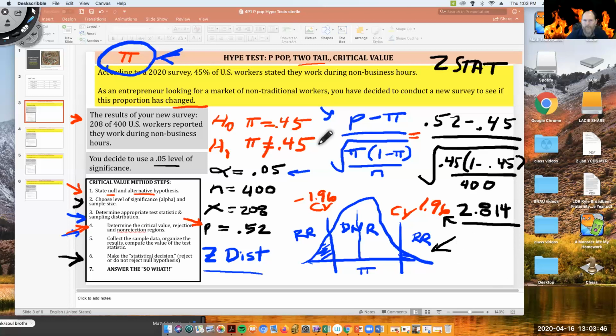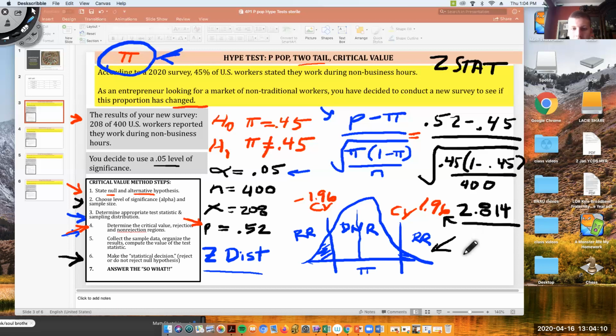Well, yes, we rejected, but it doesn't have to do with this 0.45 directly. Okay. The reason we set up these critical values was to set up these rejection regions. So the reason that we reject the null is because, go ahead. It falls outside of the do not reject regions.